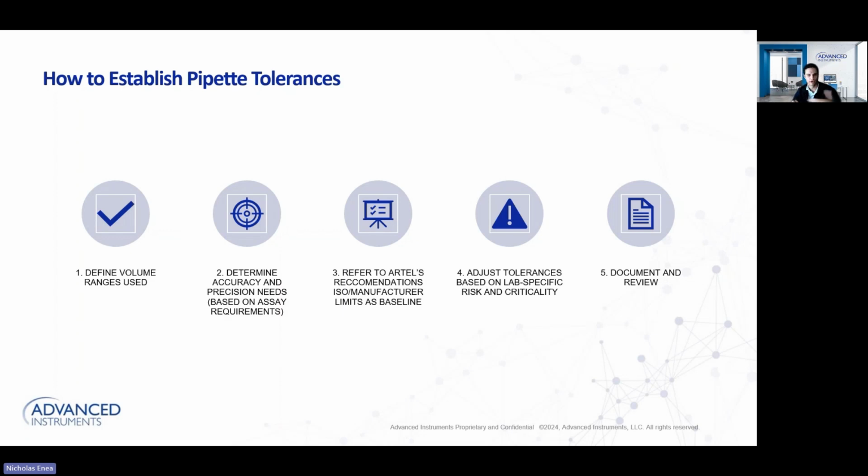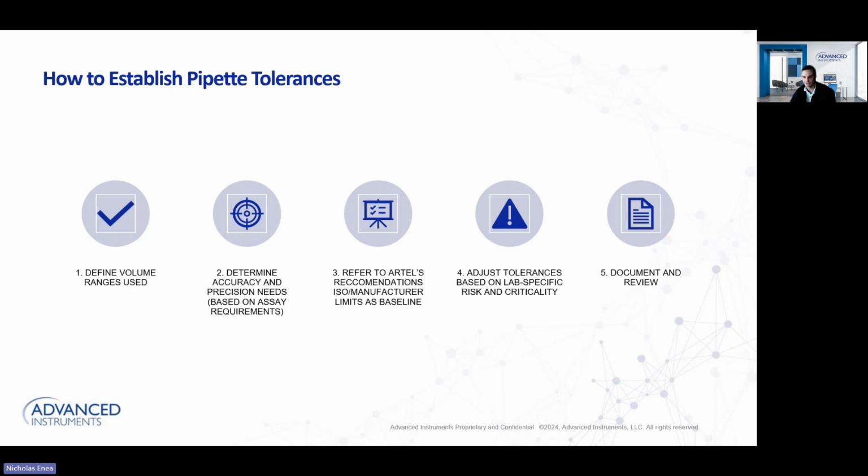Are we using down to 100 microliters? Are we using up to 1,000 microliters? And even if we're not using it, do we still need to calibrate this pipette and verify along the full volume range? That really is up to you. What volumes are critical? How should I check those volumes within those specific ranges? The biggest thing as well is determining the accuracy and precision based on your assay needs.